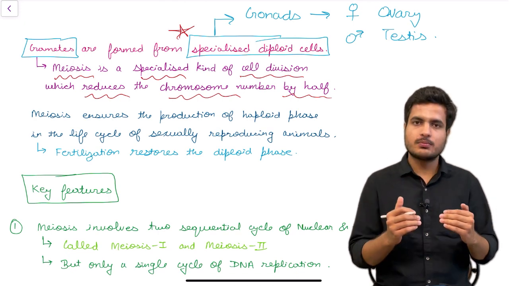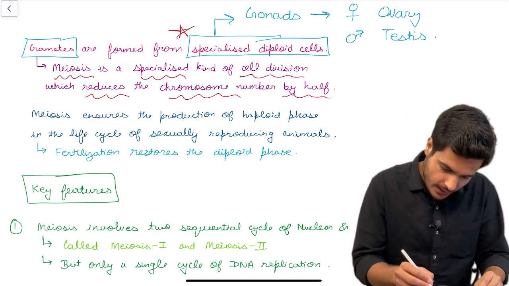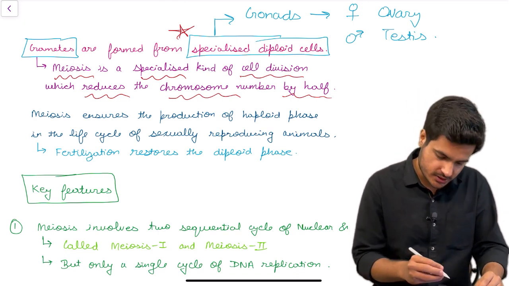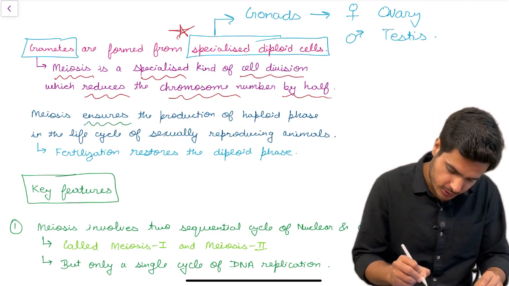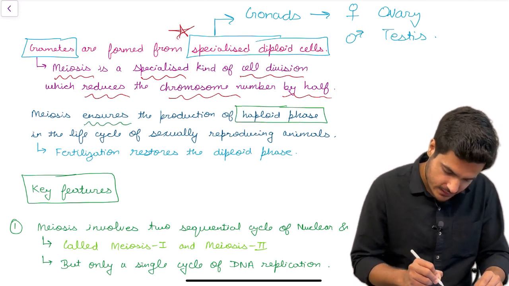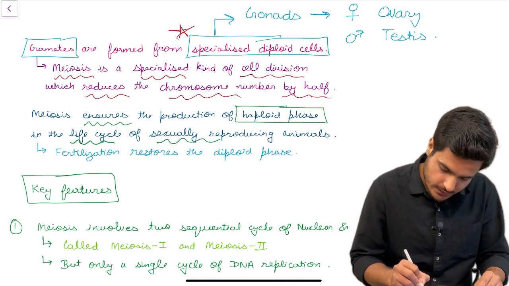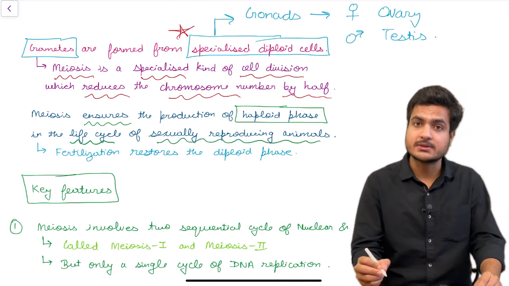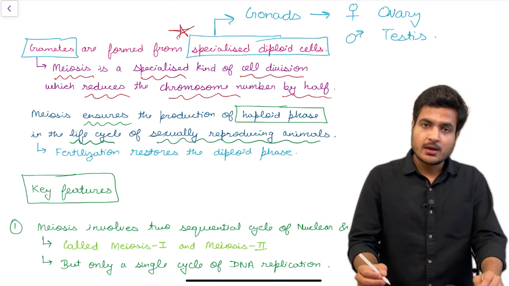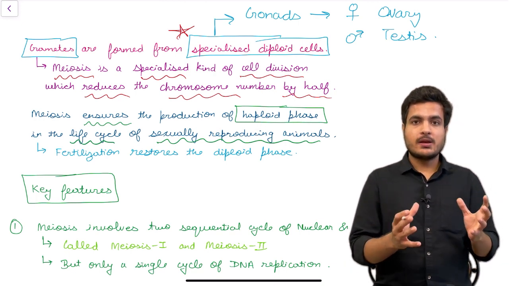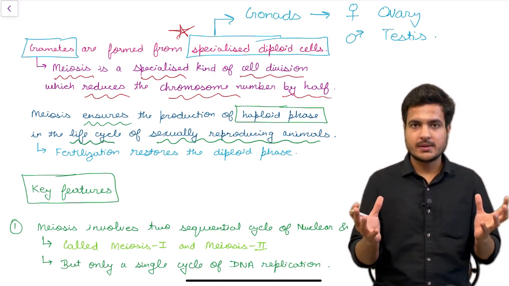That means half the number of chromosomes. What is the use of this meiosis? Meiosis ensures production of the haploid phase in the life cycle of sexually reproducing animals, just because a sexually reproducing organism will have 2 gametes from male and female side.